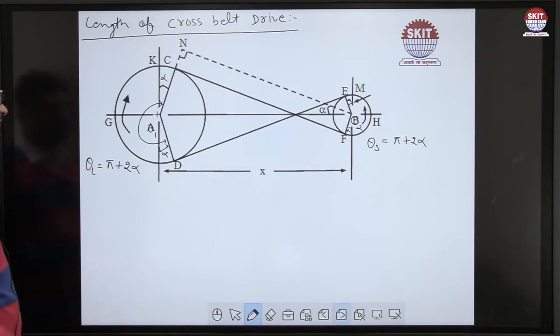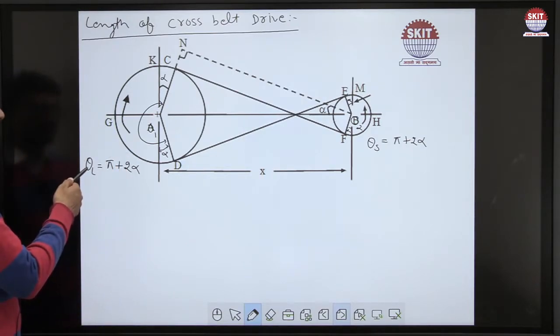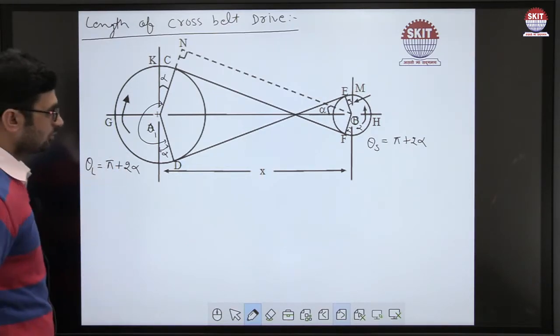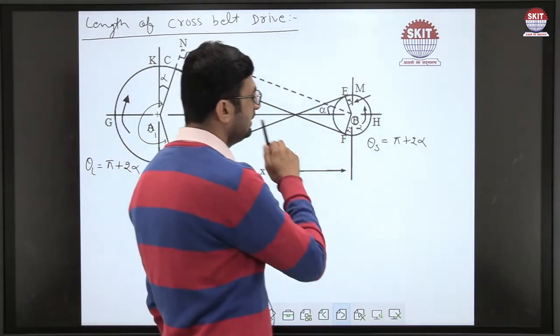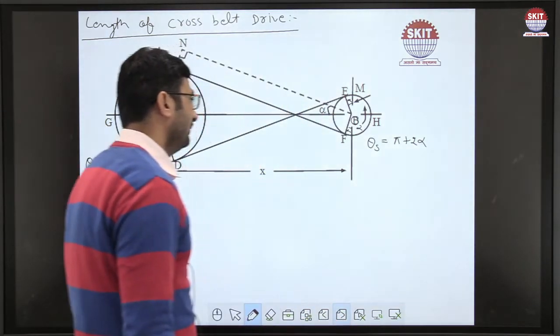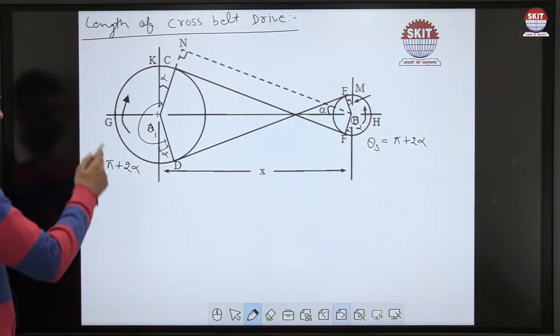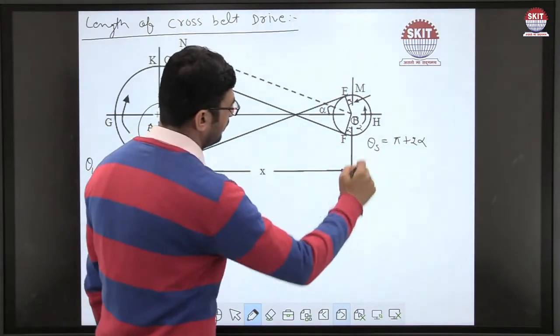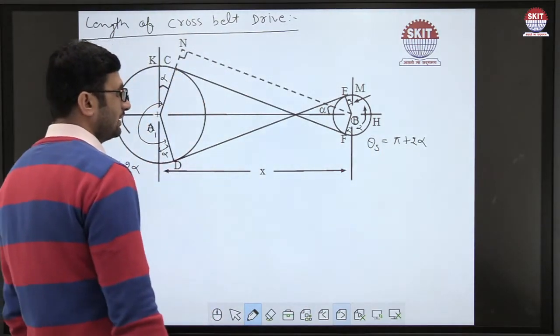In open belt drive, on the larger pulley, the angle of contact is pi plus 2 alpha, and on the smaller pulley the angle of contact is pi minus 2 alpha. But in cross belt drive, on both pulleys, smaller and larger, the angle of contact is the same.